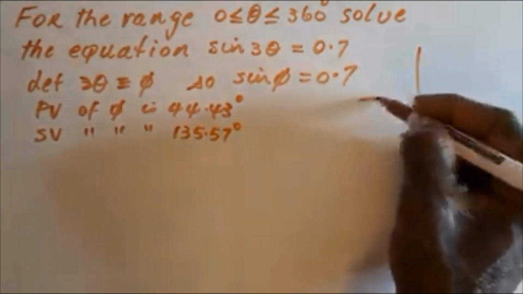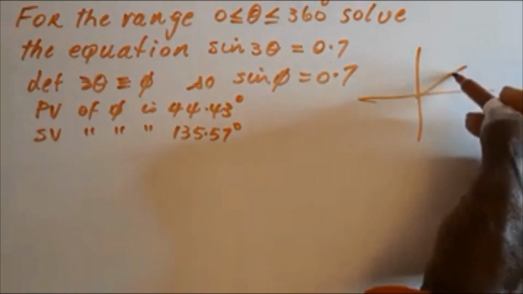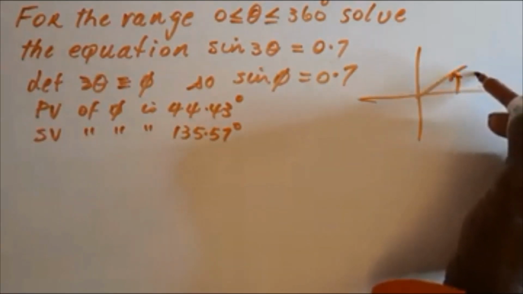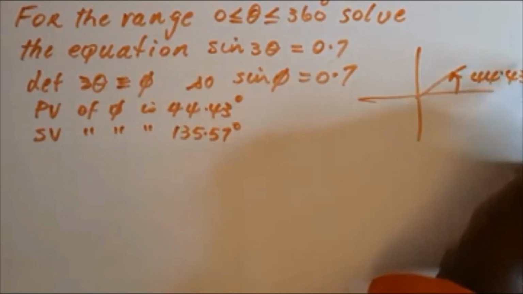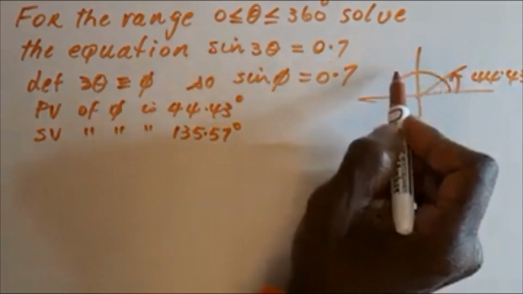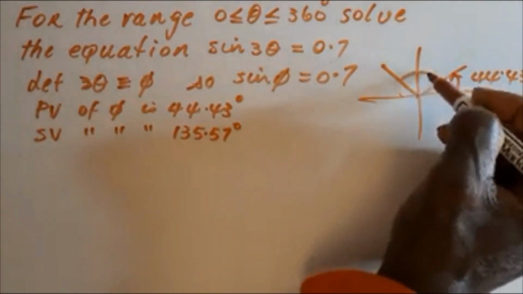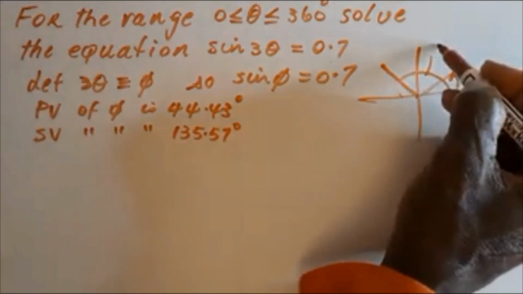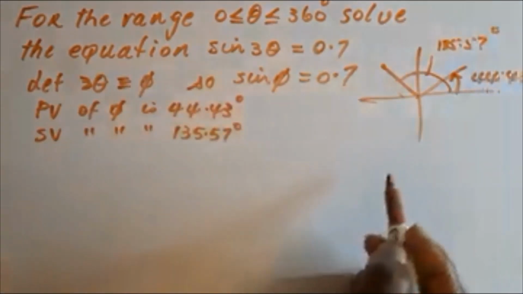On our quadrant diagram, something like this, and then we have an angle somewhere in here, and this is 135.57 degrees.